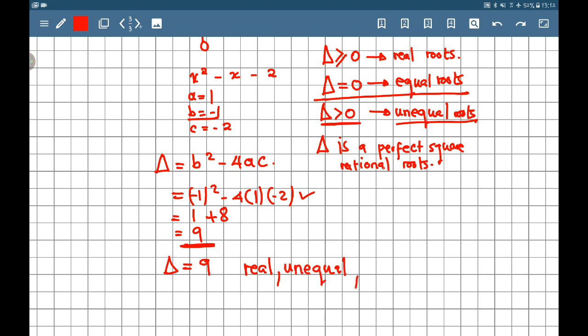And the discriminant is a perfect square. Because 9 is a perfect square, it means the roots are also rational. So that's how you spot the nature of roots. So there are 3 conditions.